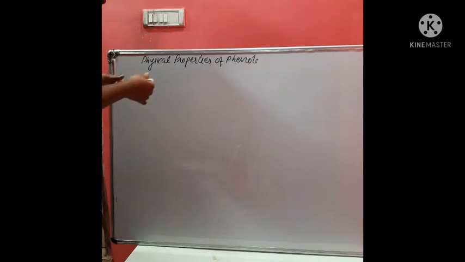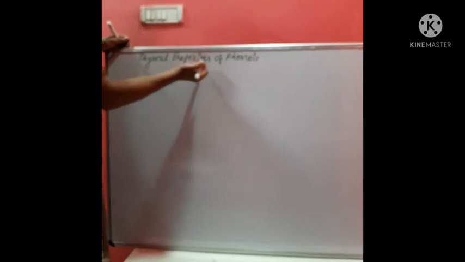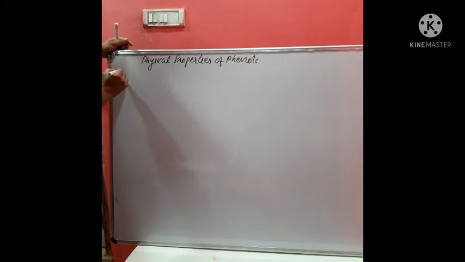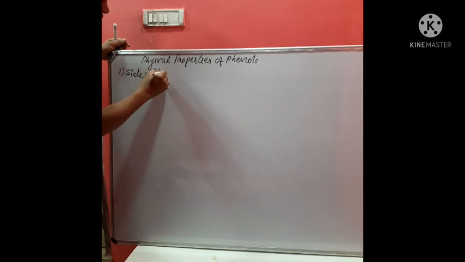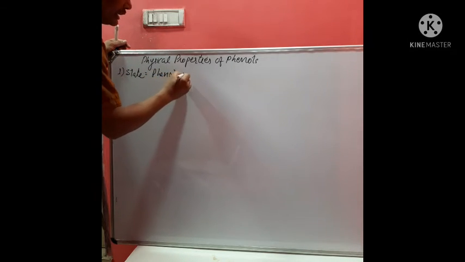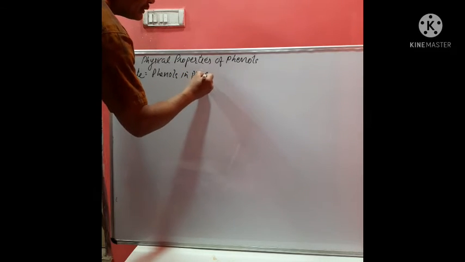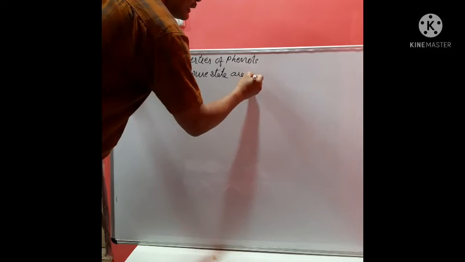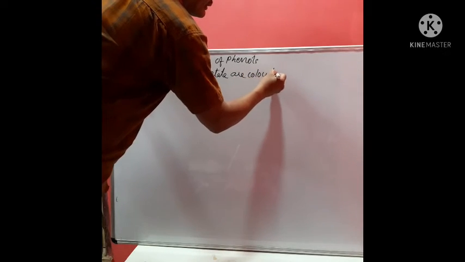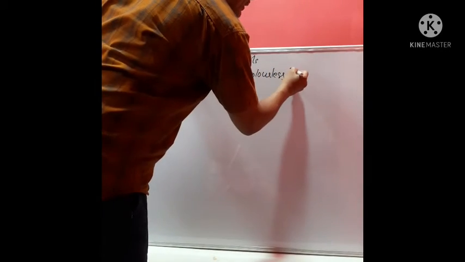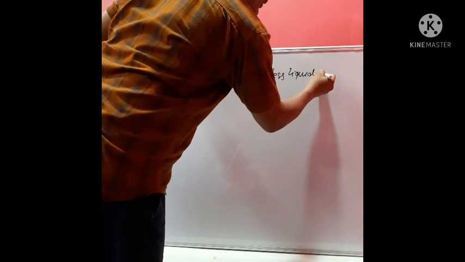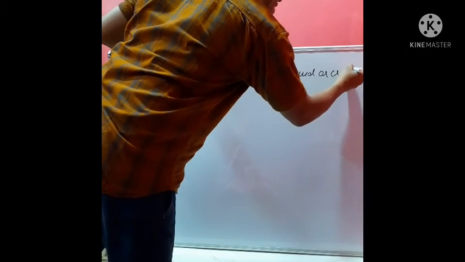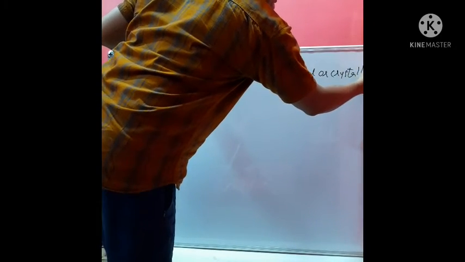Yes, students, now the next content is physical properties of phenols. So first one is about state. Phenols in pure state are colorless liquid or crystalline solid, depending on temperature.